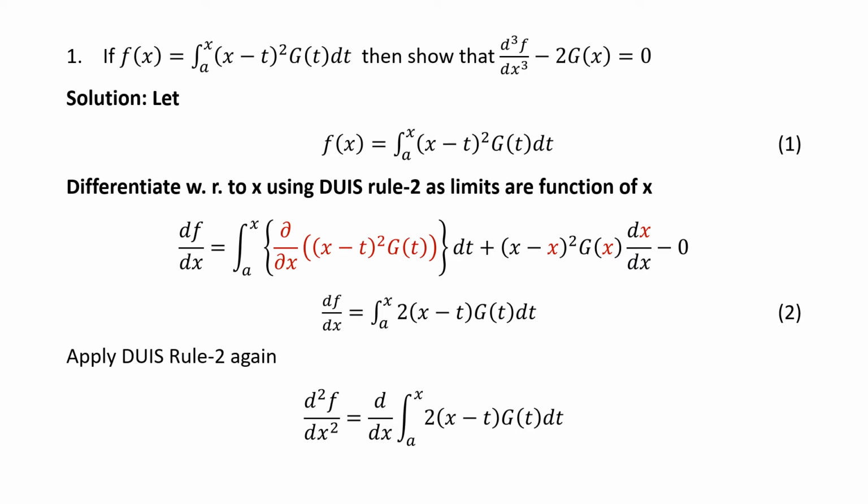Whenever you are given any integration, you first need to identify these three things. We are integrating with respect to t, so our variable of integration is t. On the right hand side it is a function of x, so x is our parameter, and a is our constant.